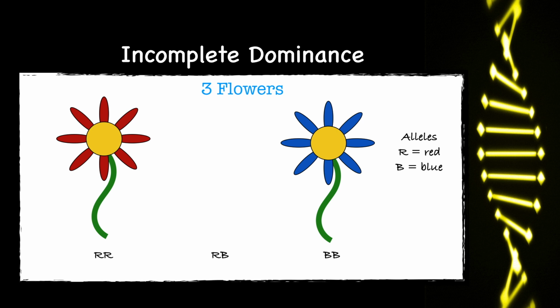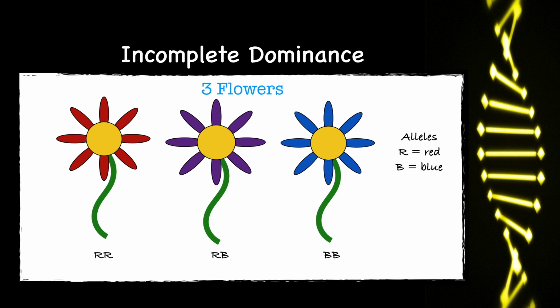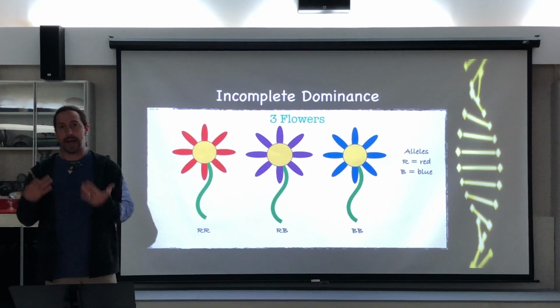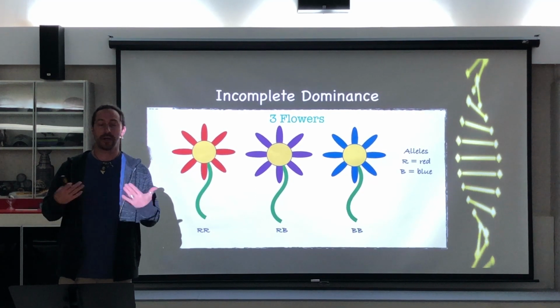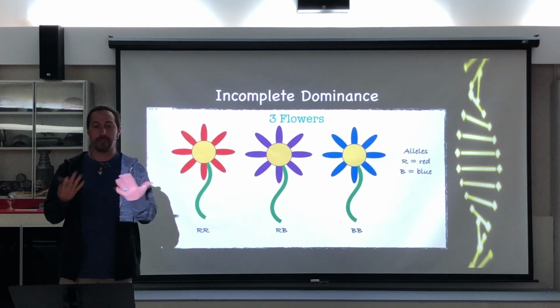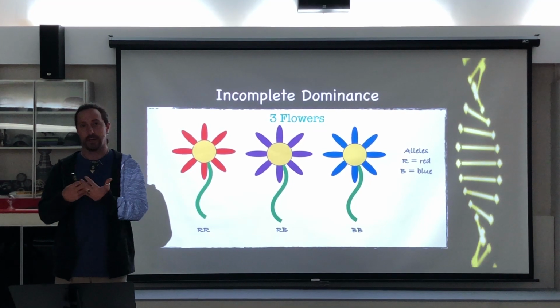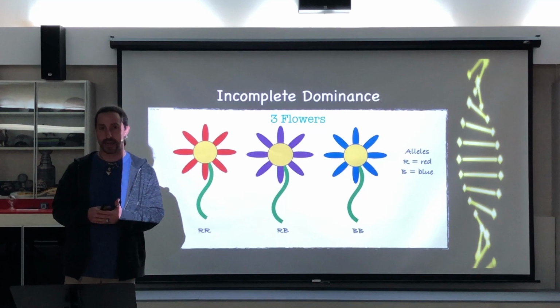And since they're going to blend together, red and blue is going to give us violet. So now we have a violet flower. So the phenotype is actually revealing to us what the genotype is, because the red and the blue allele mixing together give us the phenotype. So we can tell that it's heterozygous.